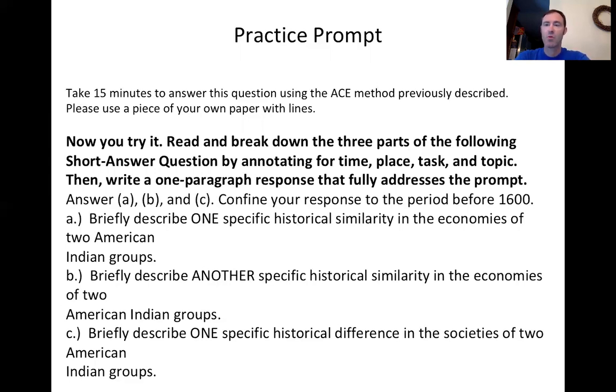So you're looking at like Pueblo, et cetera. Of course, the College Board is not going to tell you that, because I can guarantee you there's probably people that wrote on this question that used those larger Native American civilizations, and they thought they nailed it, and they were in fact off task. So that's where reading the questions carefully comes into it.